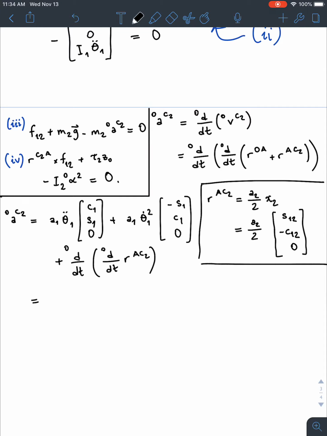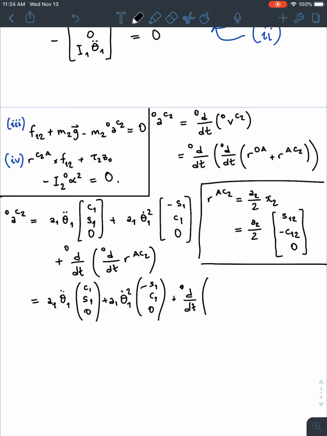Going back to this here, I have a1 theta 1 double dot cosine 1 sine 1 0 plus a1 theta 1 dot squared minus sine 1 cosine 1 0 plus d dt in 0 of a2 over 2.